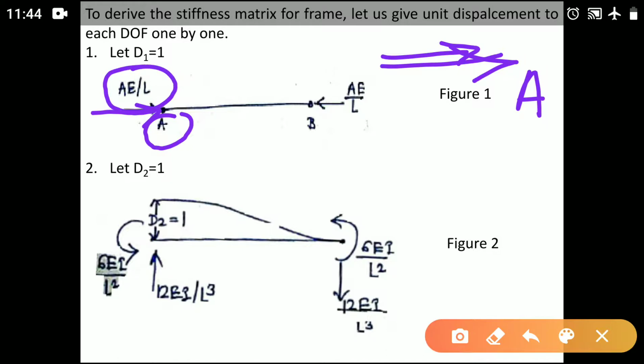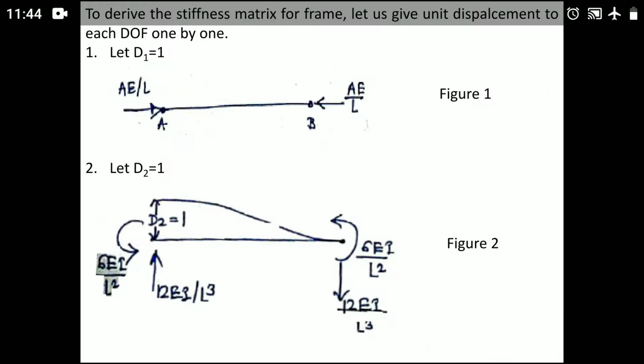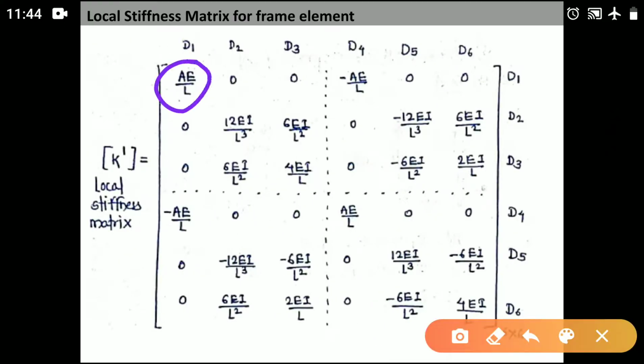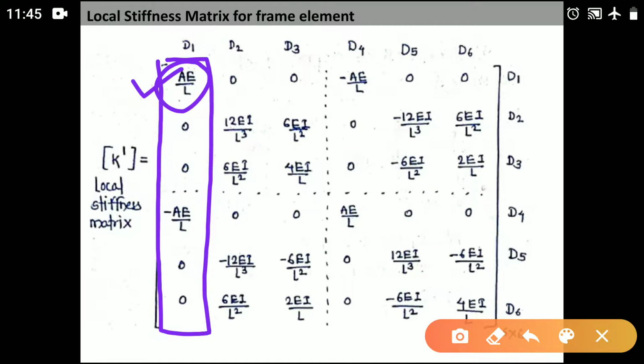That is given as AE upon L. Therefore, this element is written here in the first column, first row. AE upon L. Got the meaning of this? D1, D1. Now we'll write all these elements column wise. Here we'll complete this column first and then move towards the next columns. So this AE upon L is clear.